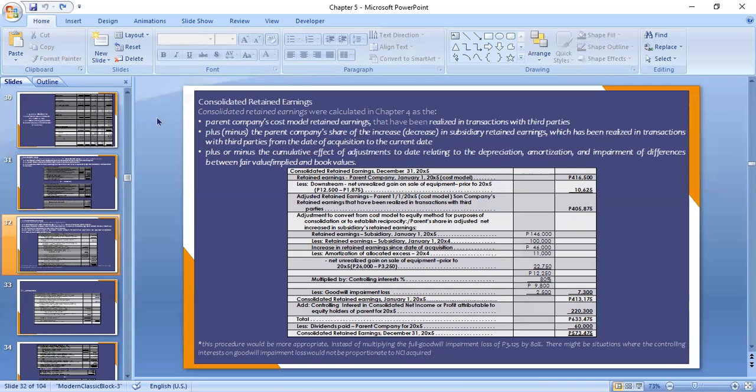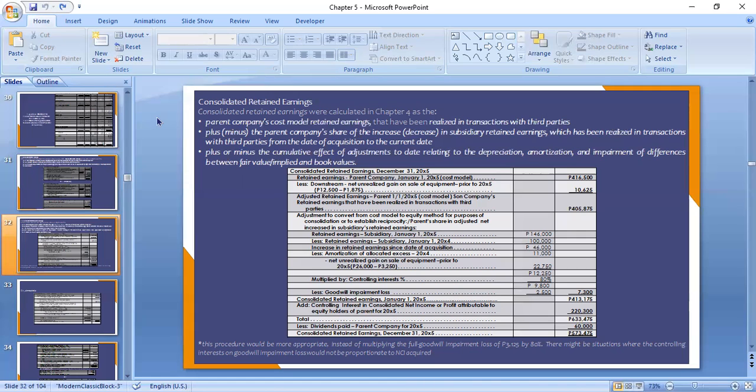We have the retained earnings of the subsidiary at the beginning, and we deduct the January 1, 20x4 balance. So after one year, we have the amount of increase in retained earnings since the date of acquisition. Then we have the amortization of allocated excess in 20x4 of 11,000, and we have the net unrealized gain on sale of equipment prior to 20x5.